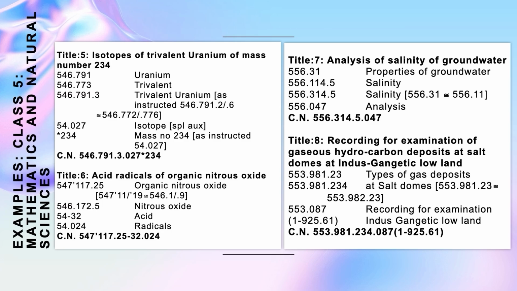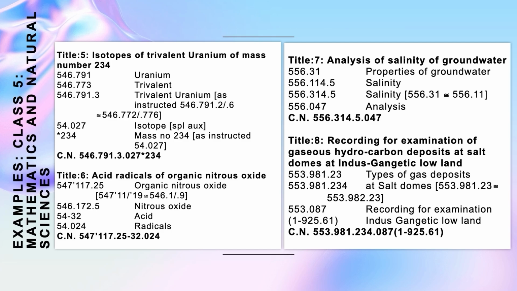So the class number will be 556.314.5.047. And in title 8: recording for examination of gaseous hydrocarbon deposits at salt dome at Indus Gangetic lowland. Types of gas deposit is in 553.981.23, and there is an instruction that 553.981.23 is subdivided as 553.982.23.